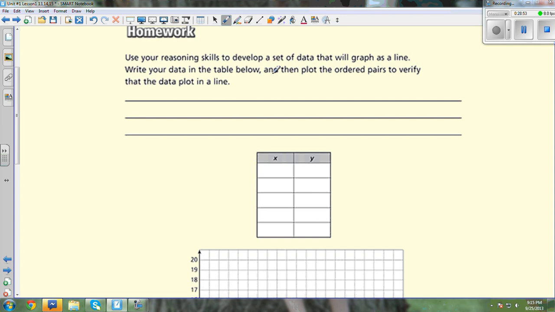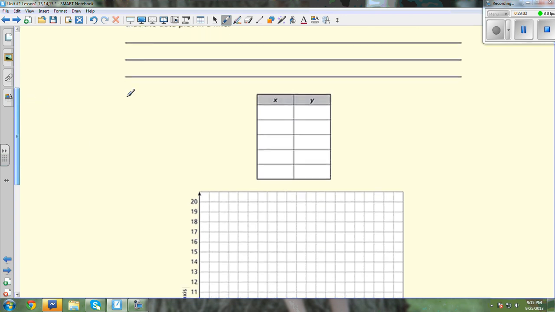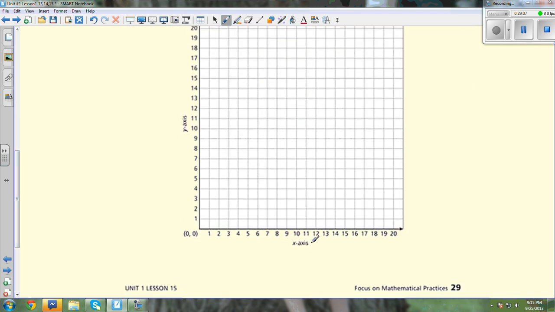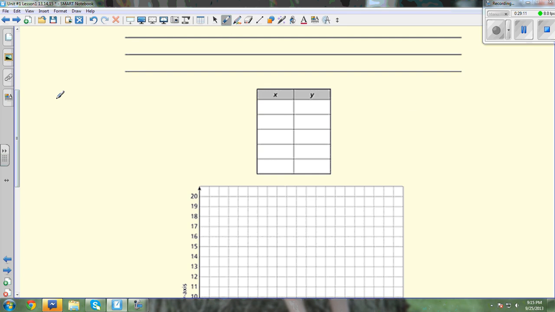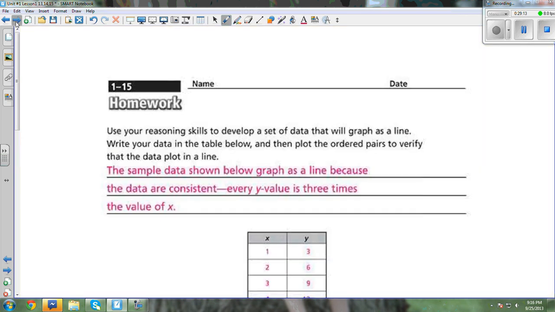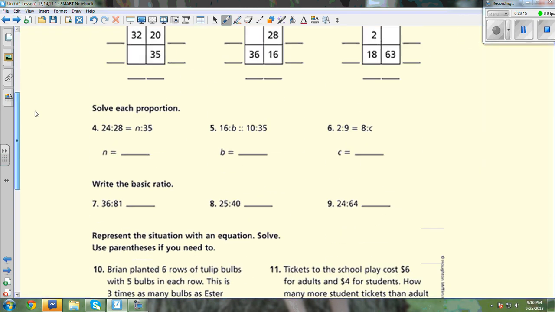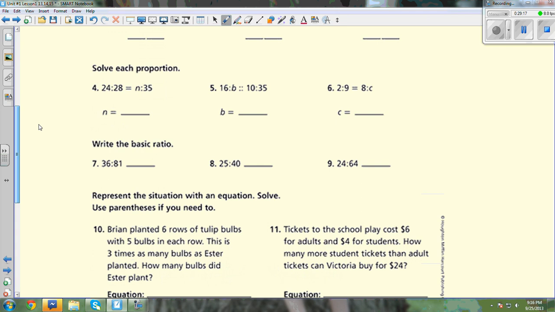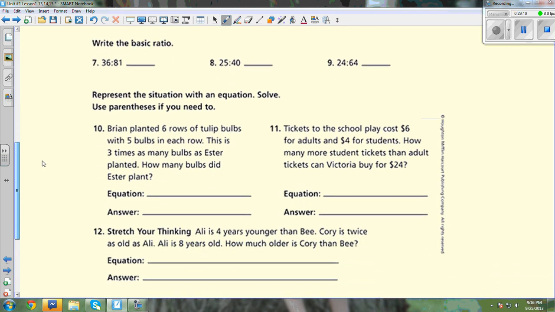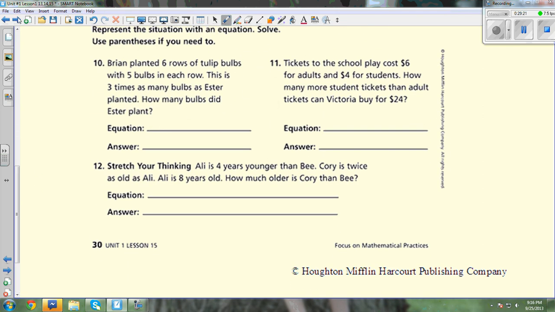Write your data in a table and then plot the ordered pairs to verify that the data plot in a line. So you have to come up with your data and then graph your data, and it has to be a straight line, x-axis, y-axis. Connect the dots. Okay? And then more factor puzzles, solving for n with proportions, solving equations, and that's it.